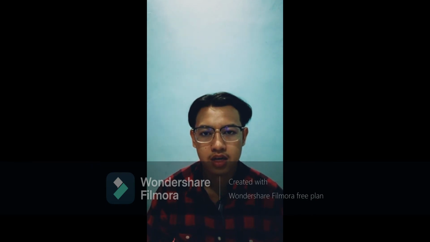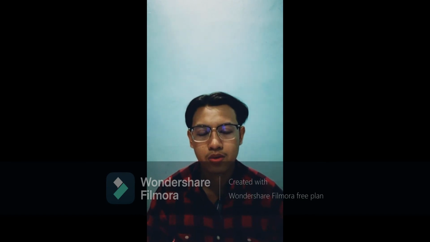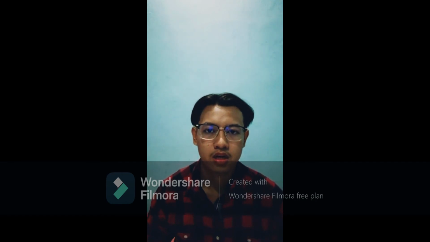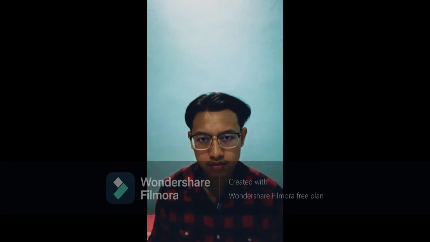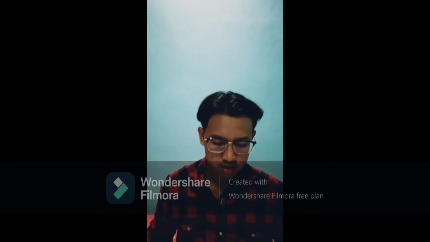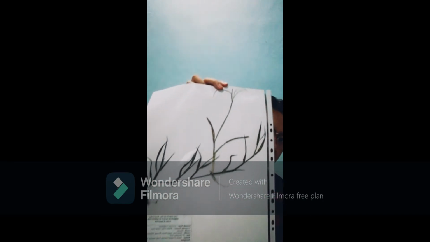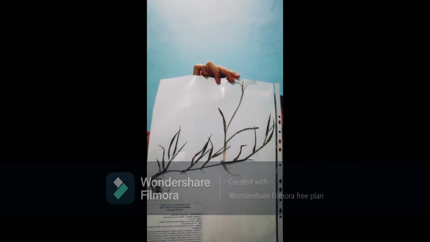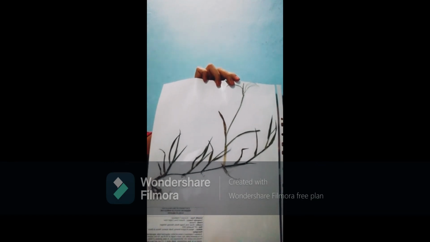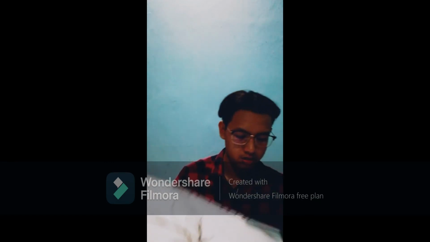After that I sewed this sample with white thread, and this is my successful herbarium sample.